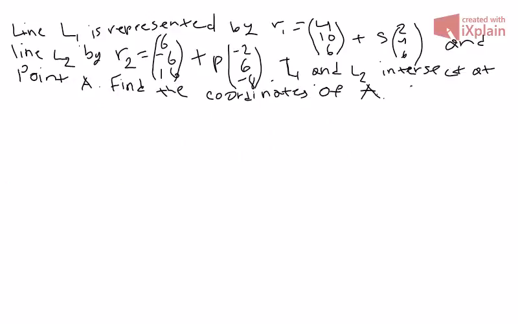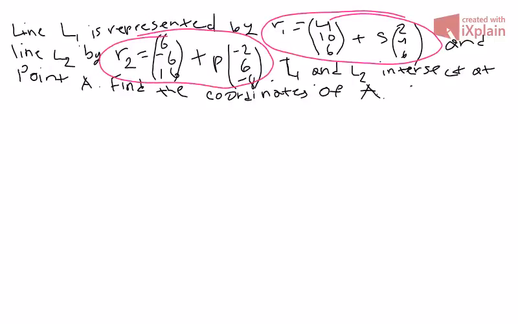Line L1 is represented by this equation, and line L2 is represented by this equation. L1 and L2 intersect at point A. Find the coordinates of A. The first step here would be to set our components equal to each other. So, 4 plus 2s is equal to 6 minus 2p.